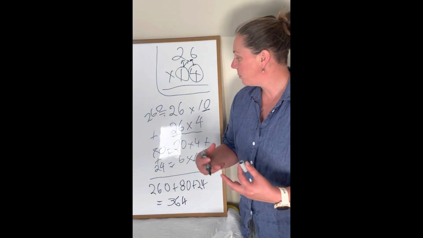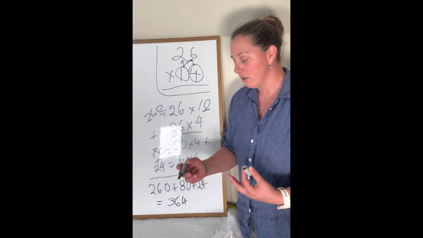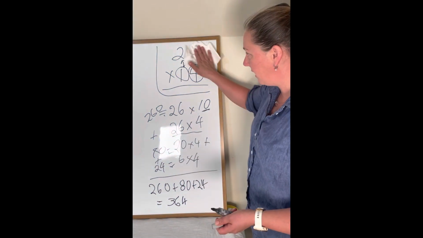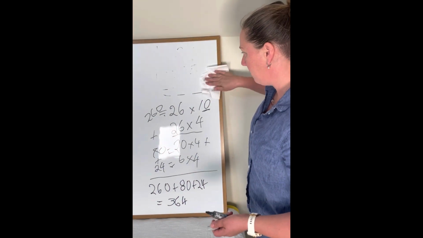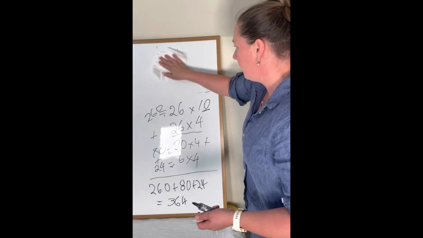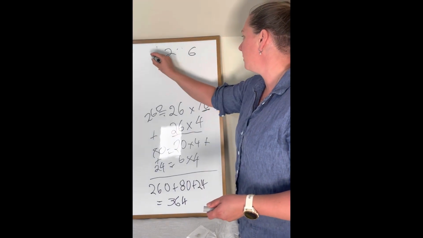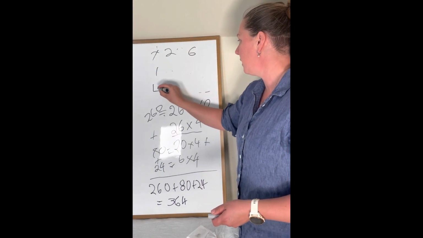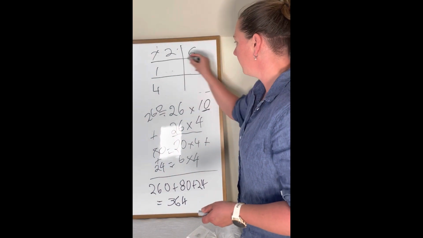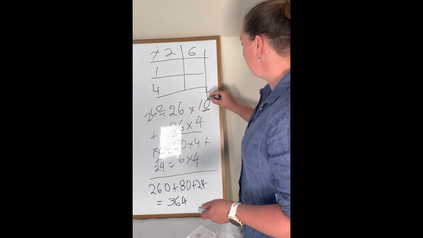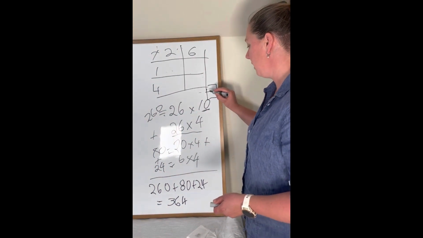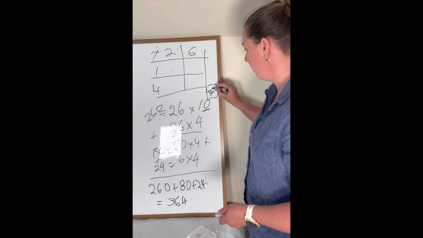So when you do this pulling apart, your children might actually see this and may get taught to do an array. So you've got 26 here, you've got 14 here. And then you add them all together and you get your answer here. So you'll get to 364.